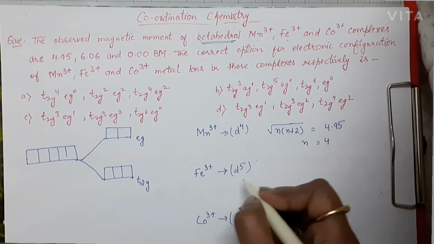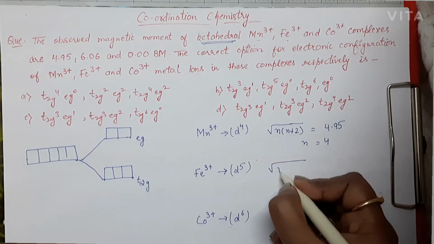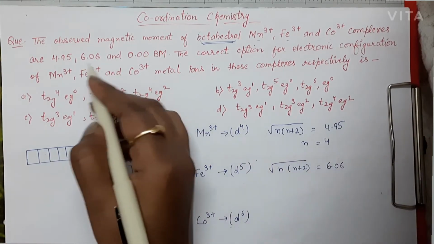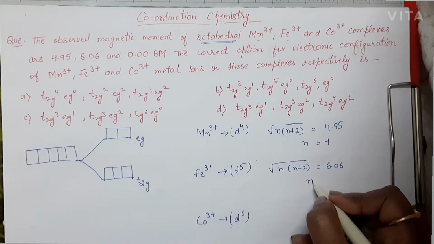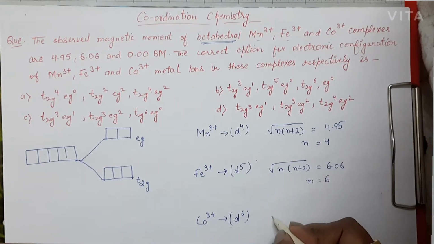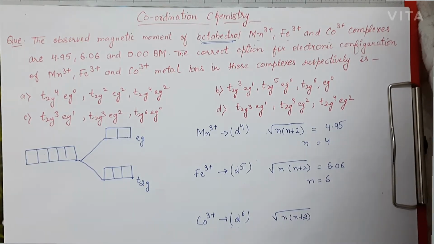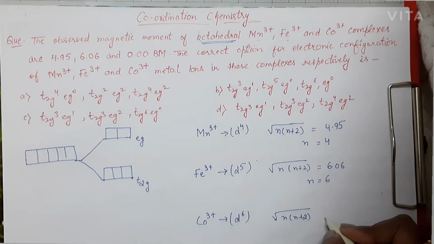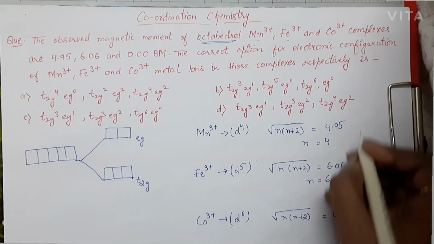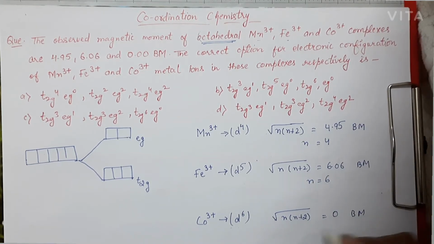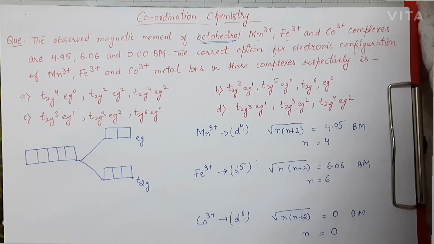Similarly, in case of Fe3+, root under n into n plus 2 will be equal to 6.06 given in this question. So from here you will get n is equal to 6, and similarly for cobalt, root under n into n plus 2 will be equal to 0 Bohr magneton. Each has the unit of Bohr magneton. So from here you will get the value of n equal to 0. So there are no unpaired electrons. Here n represents the number of unpaired electrons.